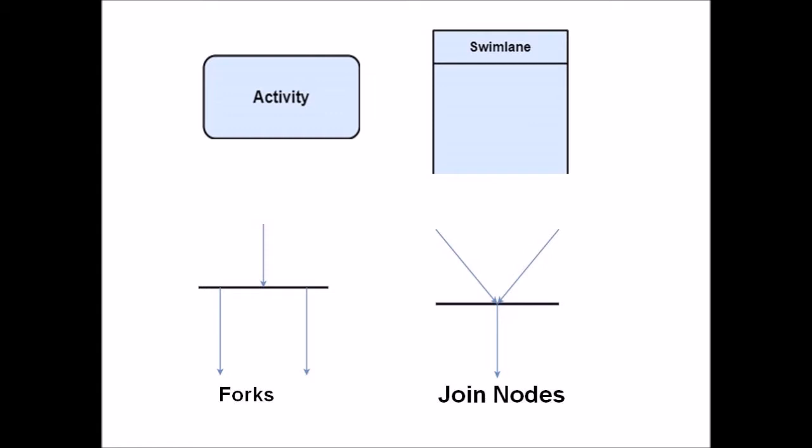It splits a single inward flow into multiple parallel flows. The next one is the join node. The join node is the opposite of the fork node. A logical AND operation is performed on all of the inward edges as it synchronizes the flow of input across one single output or outward edge.